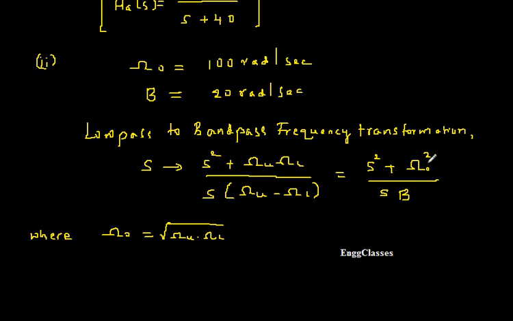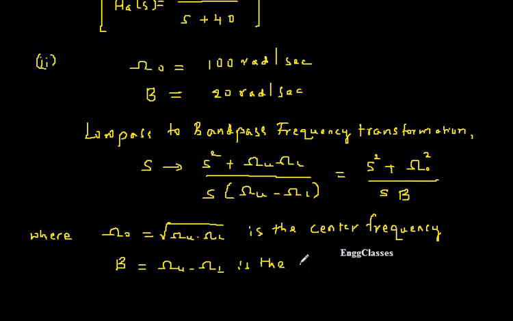That is why I get omega naught square, which is the center frequency. And what is the bandwidth? It is B, I said the bandwidth is omega U minus omega L. So now we know all those things.